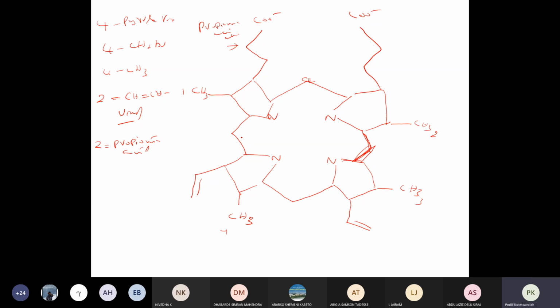And now the iron atom is present in the center.